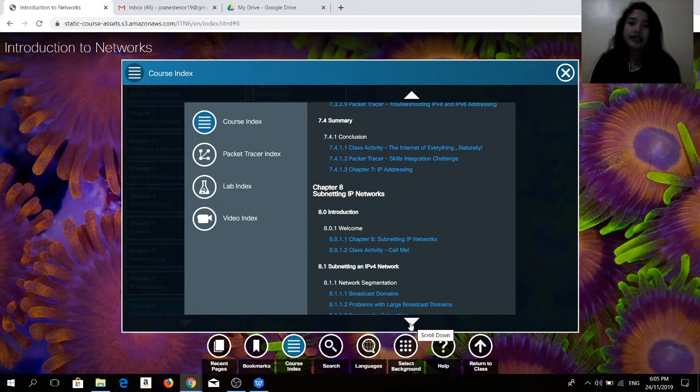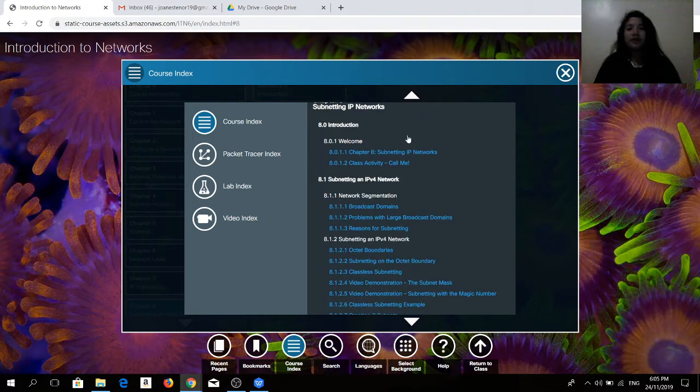Chapter 8 is entitled Subnetting IP Networks. For subnetting an IPv4 network, under it we have network segmentation, broadcast domains, problems with large broadcast domains, reasons for subnetting, and under subnetting an IPv4 network, we have octet boundaries, subnetting on the octet boundary, classless subnetting.